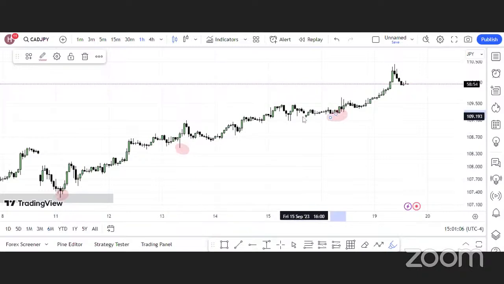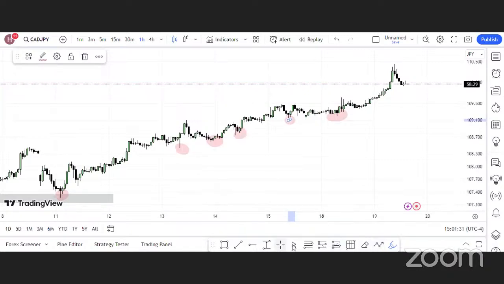Even though it's very little, every time the market was heading to the top side, when it got here, it created this. Then it continued to move to the upside, so it created this also. This is another reaction, and another reaction here, and another reaction.